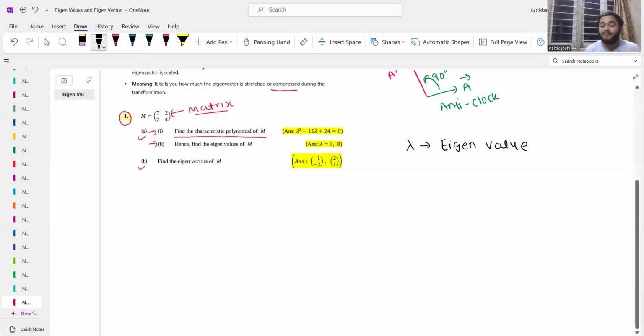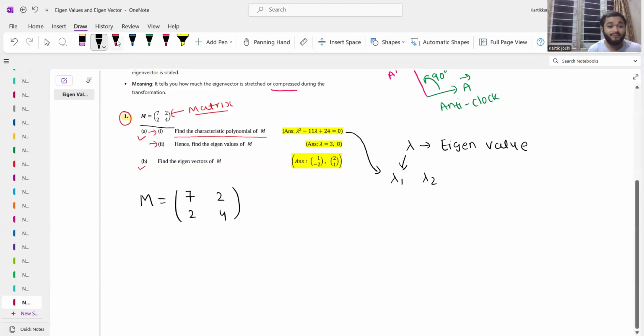If you have a 2 cross 2 matrix, that means you have two lambdas, lambda 1 and lambda 2. We are going to find lambda 1 and lambda 2. But how can we find them? By using the characteristic equation, we can easily find the value of lambda 1 and lambda 2. So first of all, here is the matrix M is equal to 7, 2, 2, 4.